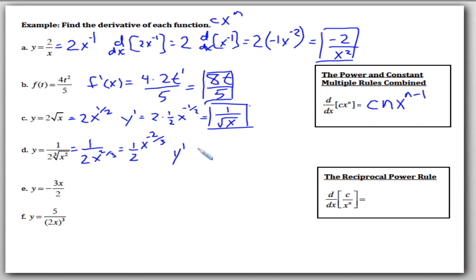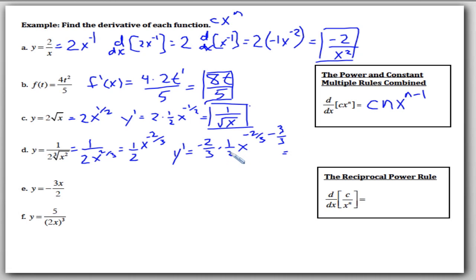Okay, so we're going to go negative 2/3 times 1/2 x to the, let's see, well, we want negative 2/3 minus 1. And instead of writing minus 1, let's write minus 3/3. And so let's do some of this here.